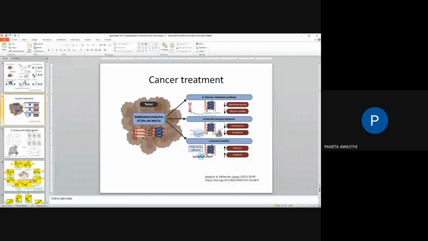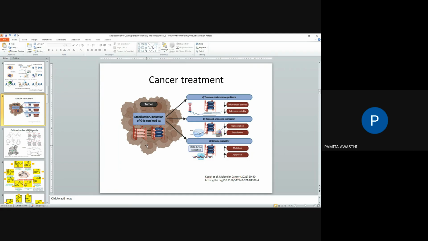You can say the telomeric activity in the cancer cell is maximum, or there is an increase in G4 structure formation in the cancer cell. So this is the cancerous cell, and this is the normal; these are the G4 strands. This type of structure formation in the cancer cell is more.